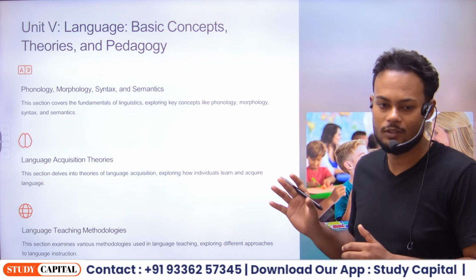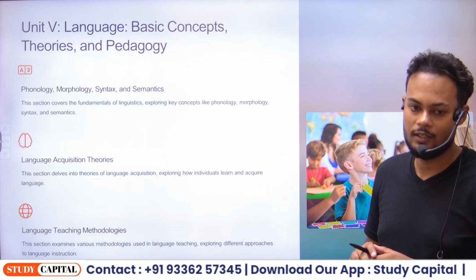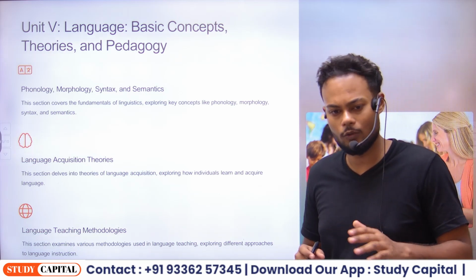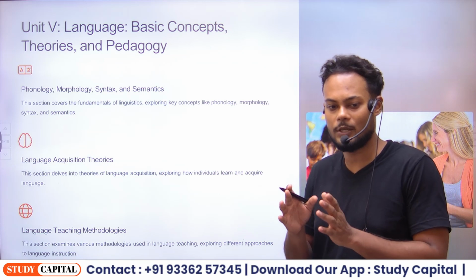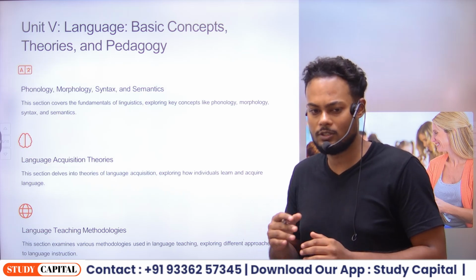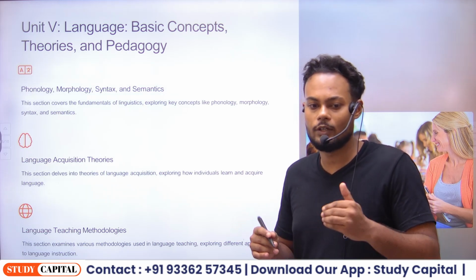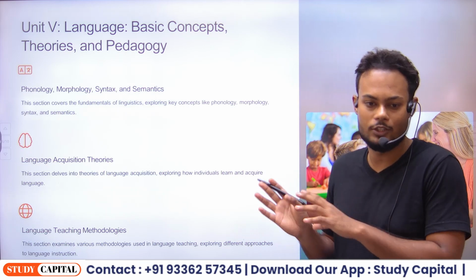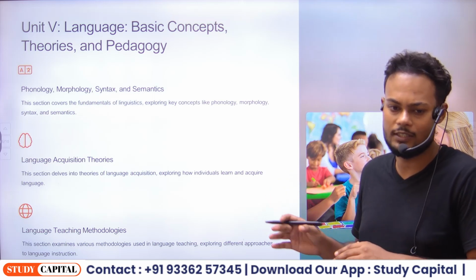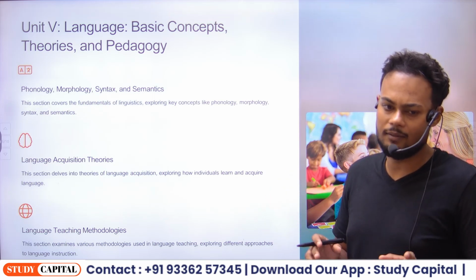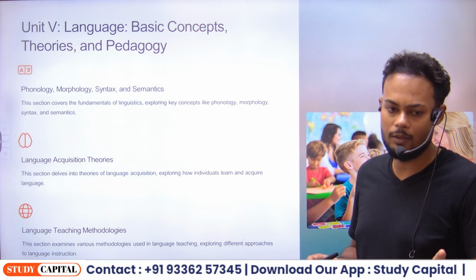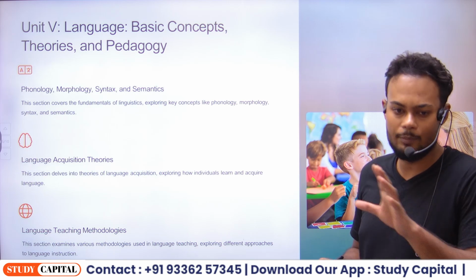They tend to miss these units, and there are always one or two questions from these units, and they are always overlooked. So I'm going to be paying special attention to this unit, and there are a couple of more units like this which go under the radar, so that students who study from us don't miss out on these questions. And you don't have to work too much on these units. You can cover these in 2 or 3 days, and I can guarantee you there are going to be 1 or 2 questions from these units, which other students might miss, but I promise you I'll be covering these.